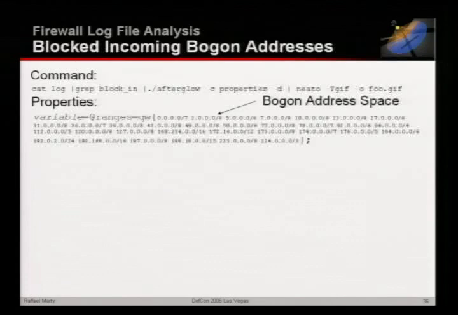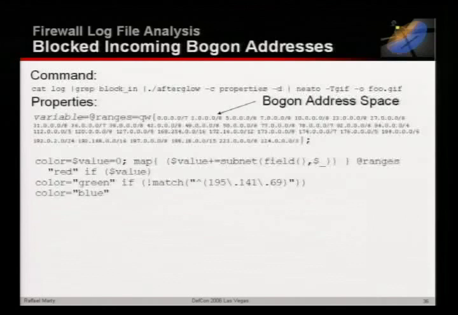What I did here is I built my array ranges with all the subnets that are in the bogon address space. You could put anything in there, any Perl code. It would evaluate it, assign the variables and keep them, and you can use them in further assignments and do all kinds of things. So I'm just defining a variable here, or an array.